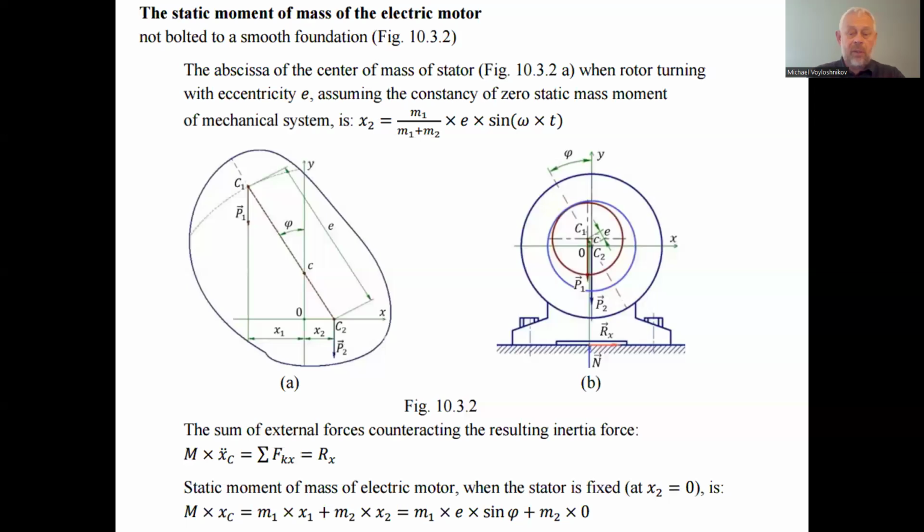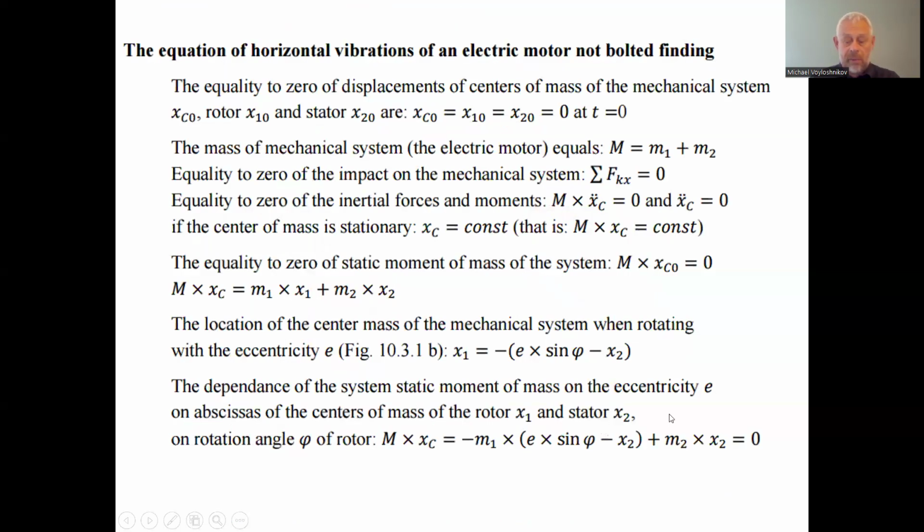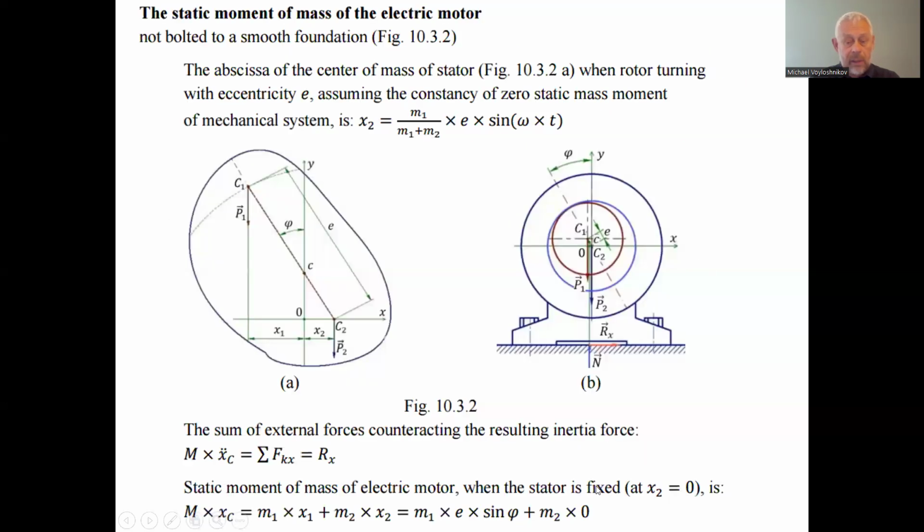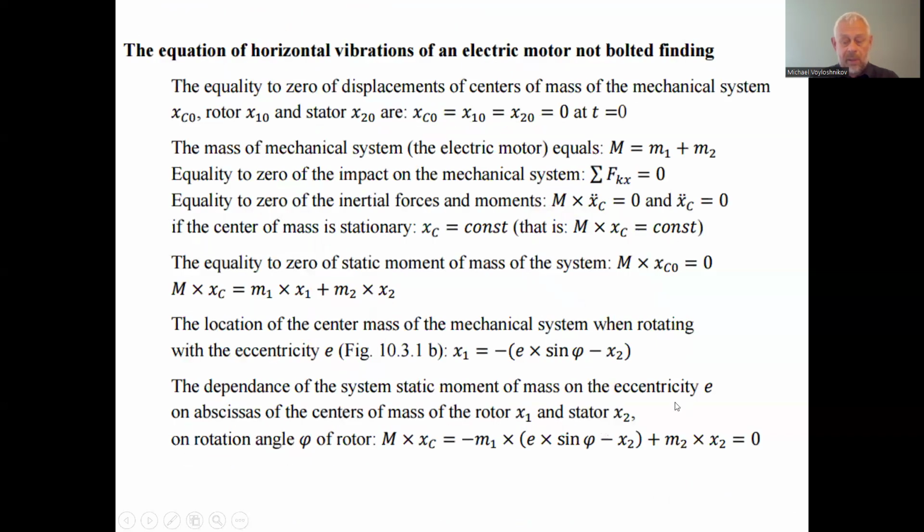The abscissa of the center of mass of the stator, when the rotor turns with a definite eccentricity, we don't know exactly, but usually we assume the constancy of the static moment of the mechanical system. So this is the first decision. What can we find here? We can find the abscissa of the center of mass of the stator.